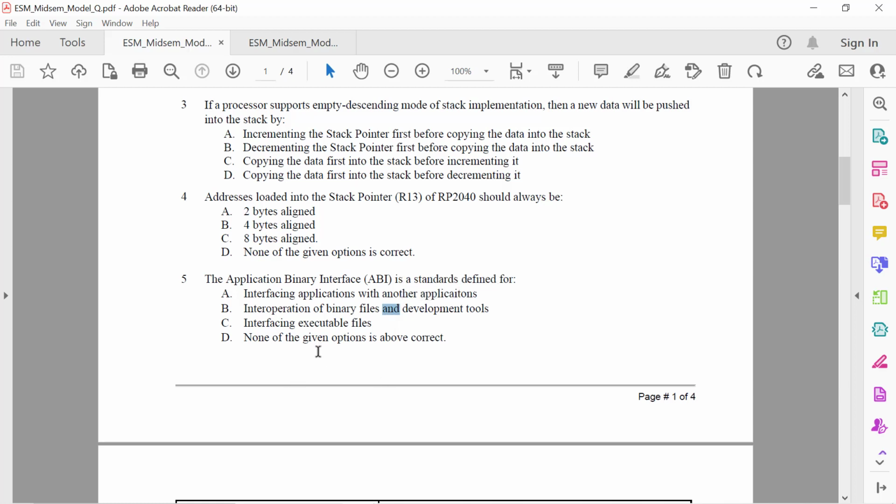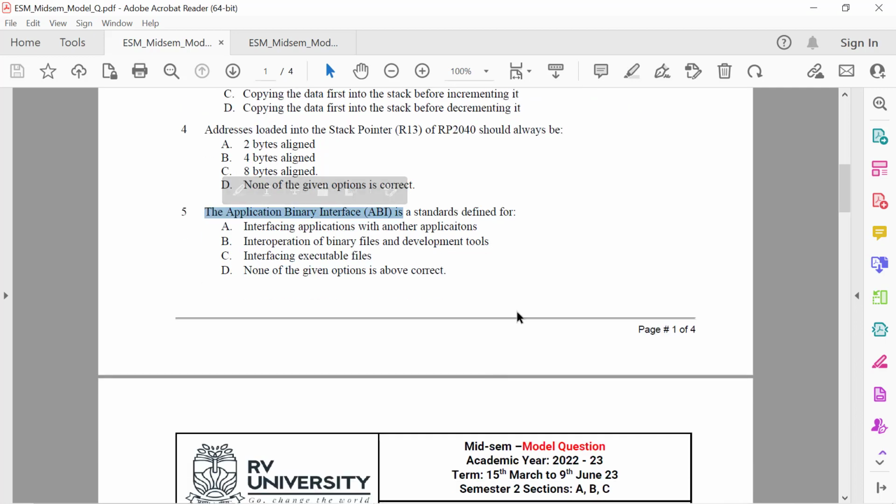It will be a little confusing to you, but remember, ABI is for generating one application which uses many binary files within it, like obj and library, and different tools will be using it, maybe a library generator, or a linker which is combining multiple files, or it could be a compiler. So these are the tools and the binary files which are within an application. They talk to each other, where you define an ABI for it. Okay, so B is the right option.